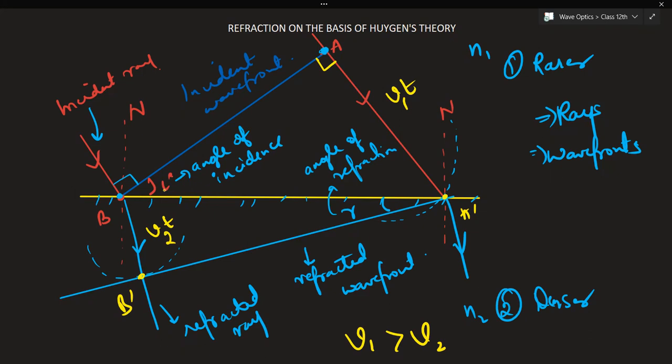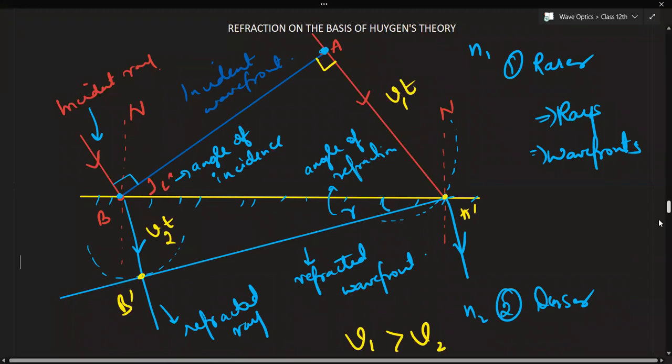If you look at this triangle B dash A dash, this lower triangle, and write sine R, sine R will also be perpendicular upon hypotenuse, that is V2T by the base B A dash. Now let's see what happens if we take the ratio.